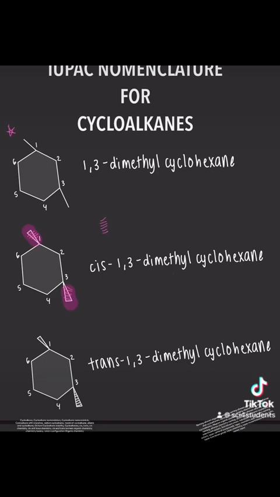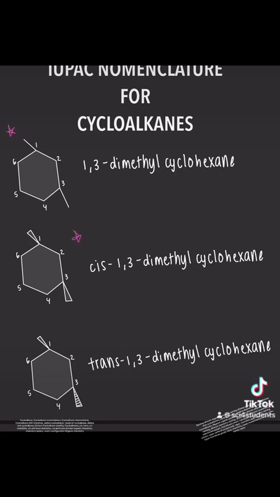But if you have, for example, one bold, so this is bold, even if you can't tell, and the other one is dashed, then what you have is trans. So in this one I put cis-1,3-dimethylcyclohexane, and in this one I put trans-1,3-dimethylcyclohexane. And okay, I scribbled instead of making a star, but you get the point. It's not about me being a Picasso, okay?